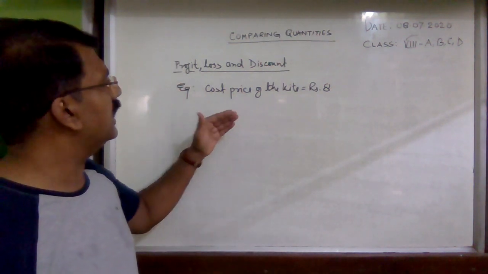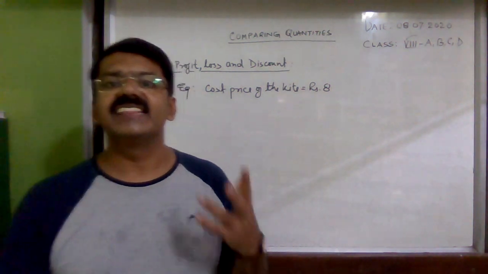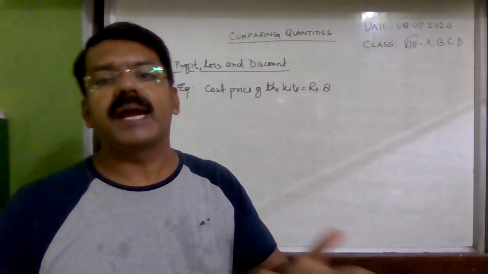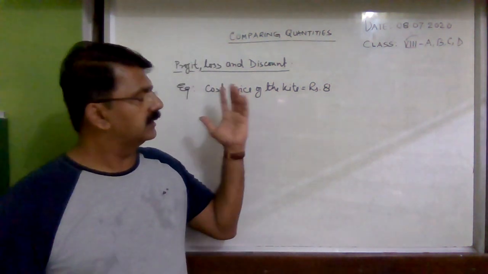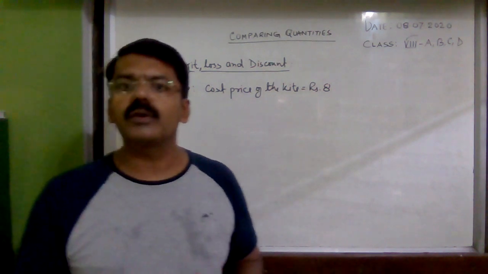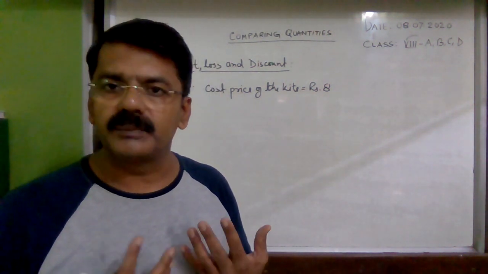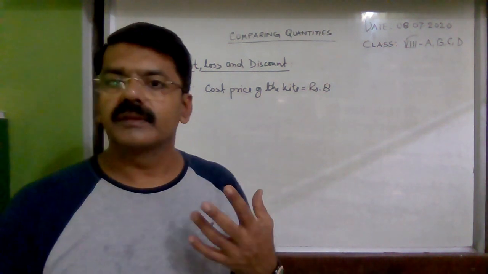So suppose you are selling the kite at rupees 10, then that rupees 10 is the selling price of the kite for you. Clear? You are selling the kite in your local area at rupees 10. So that rupees 10 will be the selling price of the kite.